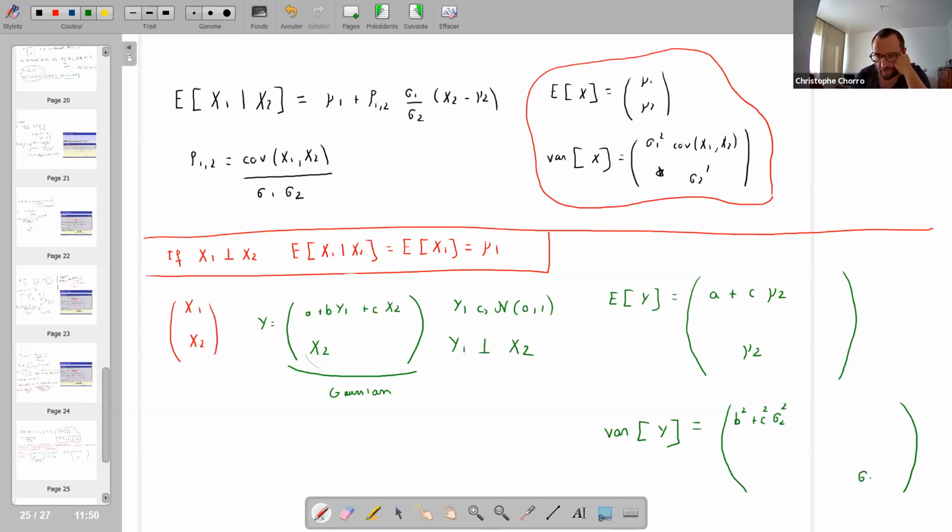It's sigma 2 square. Okay, so I have this. And what is the covariance between these two? By y1 and x2 being independent, the covariance between these two terms will be 0, and it remains the covariance between these two. And I obtain here as the covariance c, the variance of x2, that is equal to c sigma 2 square.